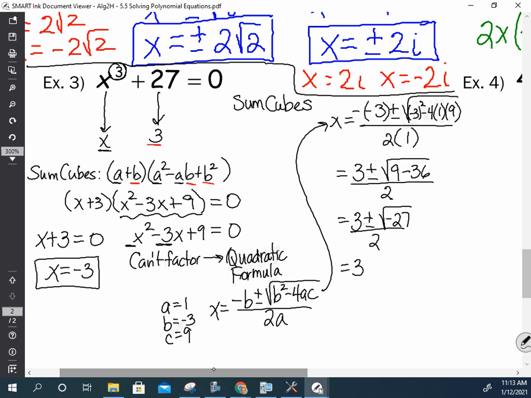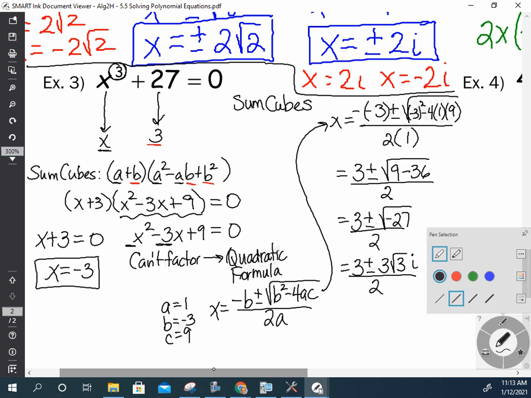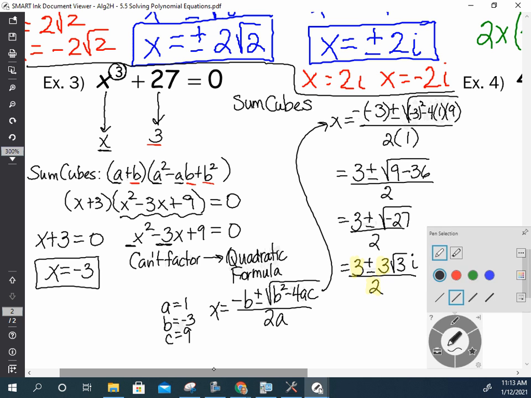That's 3 plus or minus 3 square root 3i over 2. And since those three numbers, this 3, that 3, and that 2, cannot simplify, that means that is your final answer.